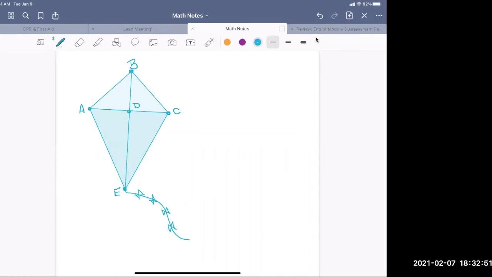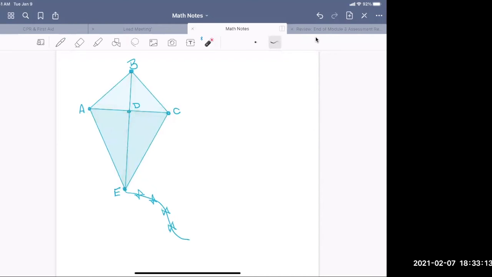We know we have line segment AB, BC, EC, AE, and then we have these ones in the middle. Line segment AD, DC, BD, and DE.